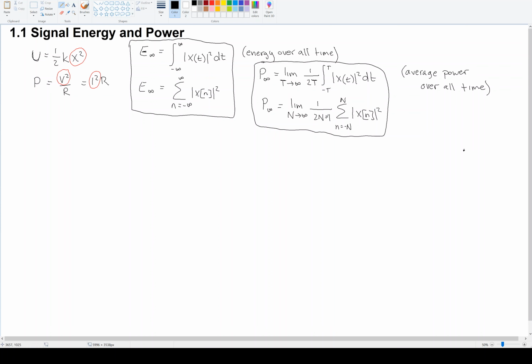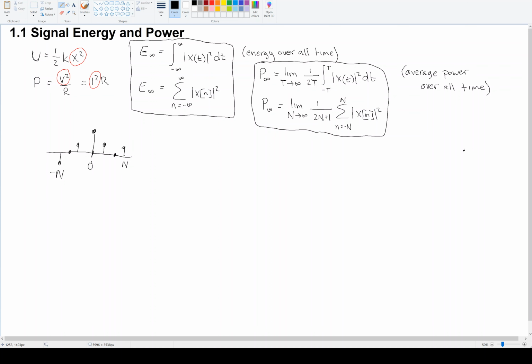And you might be interested in, well, why is there a 1 there? And the idea is that we want to divide by the number of samples, the length of time. And in discrete time, if this is the origin and we have some signal, maybe this kind of signal here, here's n, and maybe this is minus n.